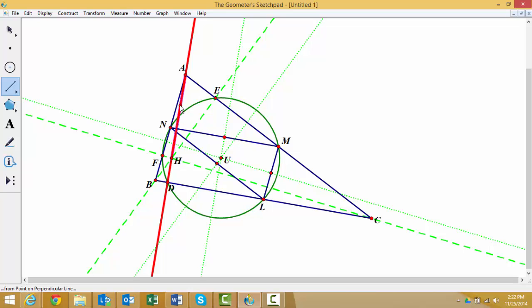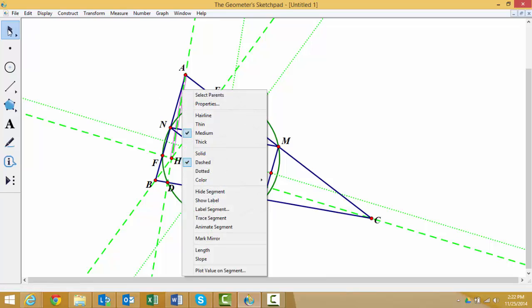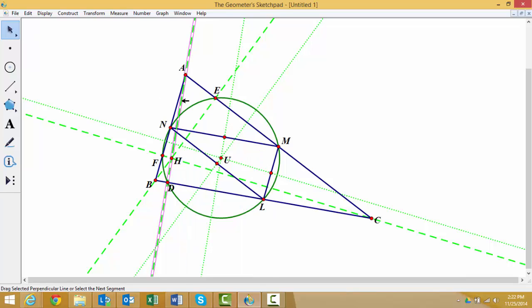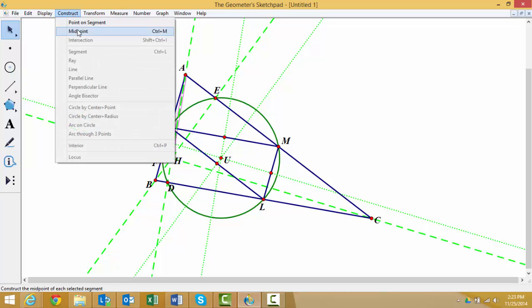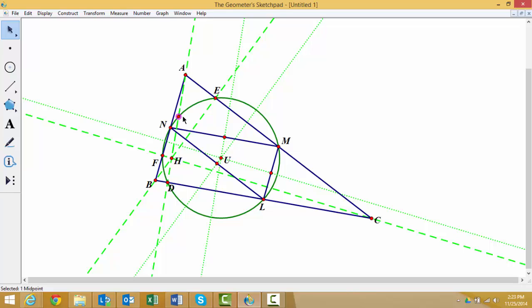Then unselect everything, pick that segment AH, then construct the midpoint. So you see the midpoint there, okay?